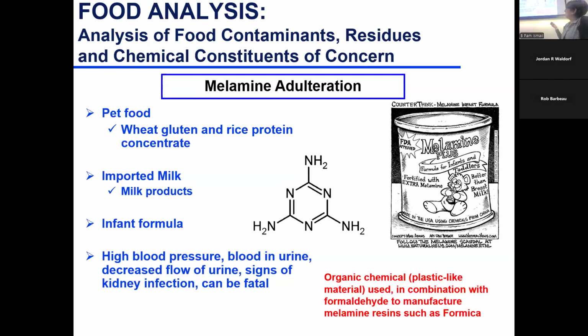This is melamine. Look how many amine groups this melamine had. So what they did to give you the protein content that should be in the pet food based on using gluten and rice protein, they use less of the gluten, less of the rice protein, and they put melamine in there, and the Kjeldahl doesn't differentiate because it's measuring amine groups.